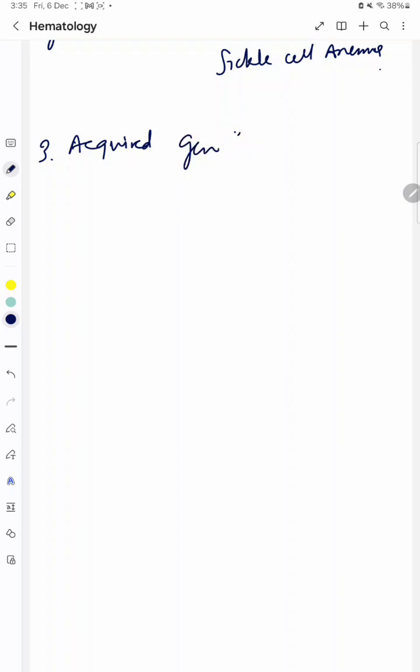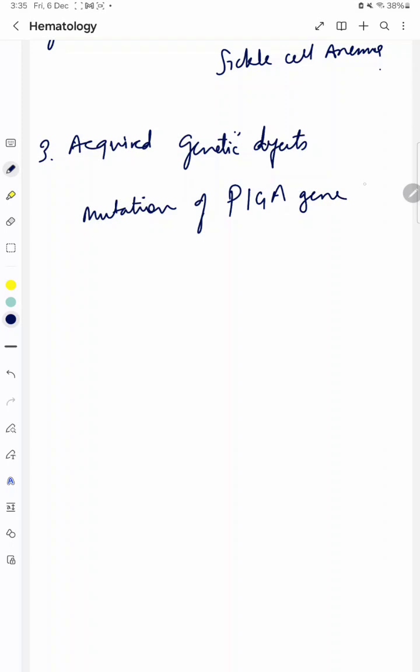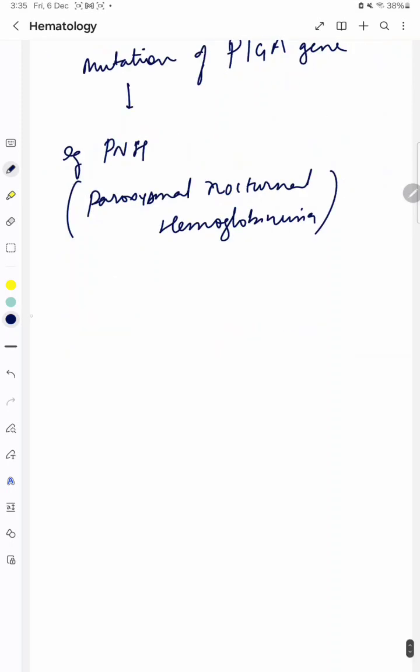One example of an acquired genetic defect is mutation of the PIGA gene, phosphatidylinositol glycan A gene, resulting in a condition known as PNH, paroxysmal nocturnal hemoglobinuria.